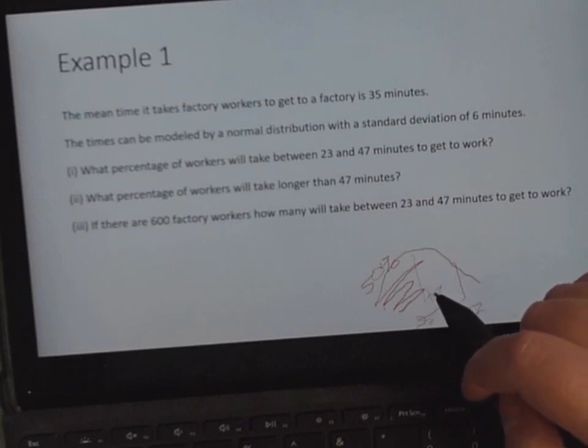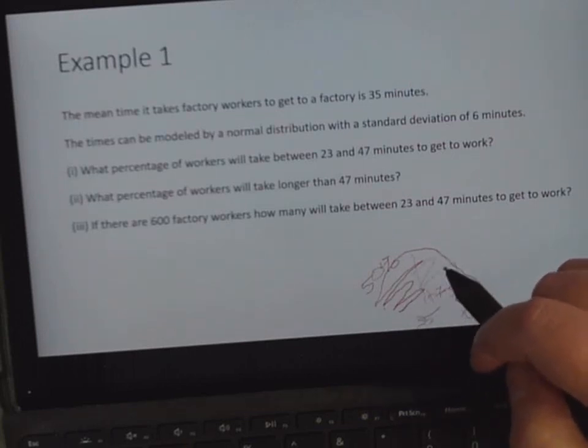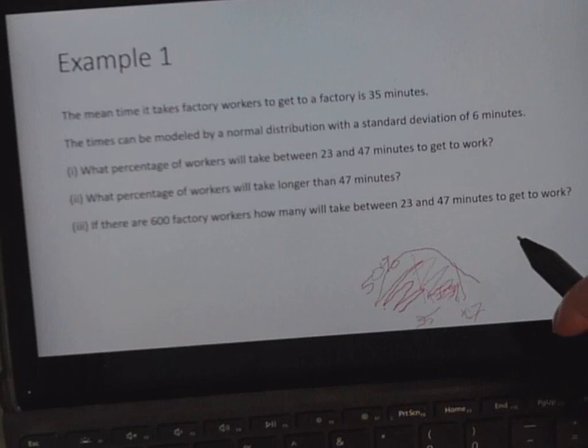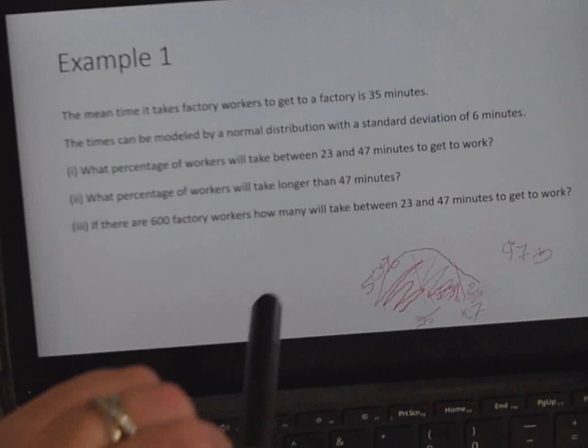So we know there's 47.5% in there. Agreed? So up as far as 47, there's 50 plus 47.5, so there's 97.5. Would you agree? And it says, what percentage take longer than 47? So what's above the 47? 2.5. Okay? A little bit of thinking about it.